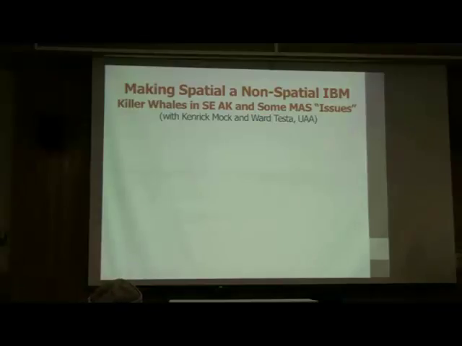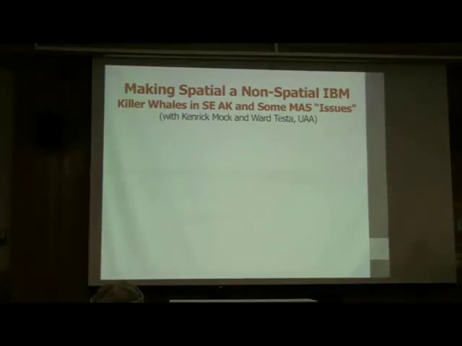It was fundamentally a non-spatial model. The whales were individuals. They did change and grow and adapt over their lifetime. And their behavior did, in some sense, depend on them as individuals. But it was non-spatial in that all the whales simply existed in Southeast Alaska, but without any particular location.